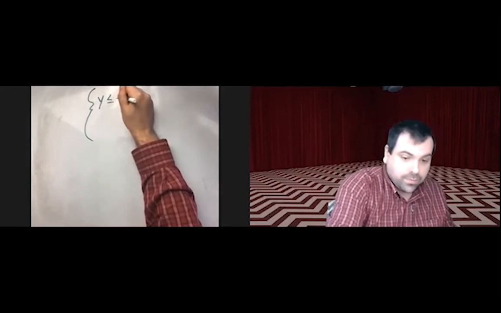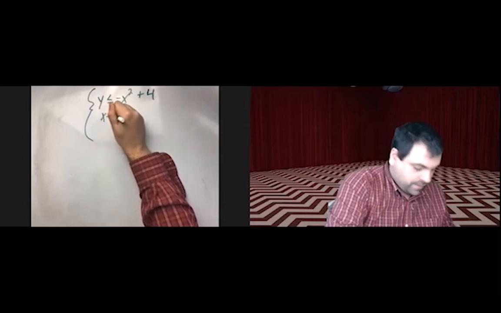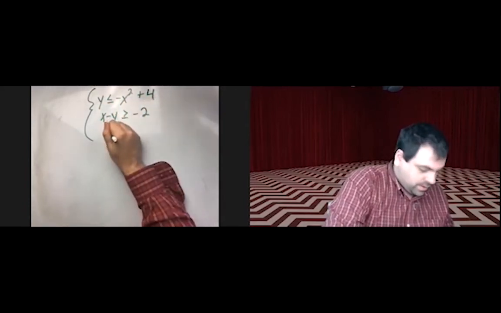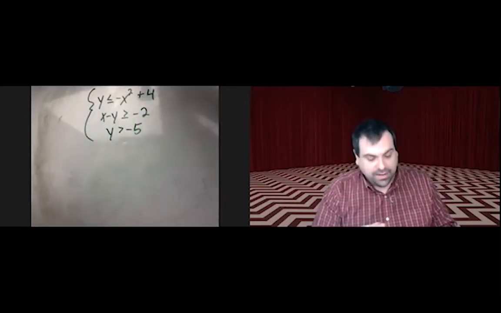Y is less than or equal to negative x squared plus 4. X minus y is greater than or equal to negative 2. Y is greater than negative 5.